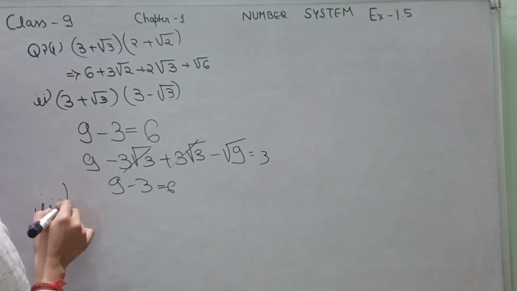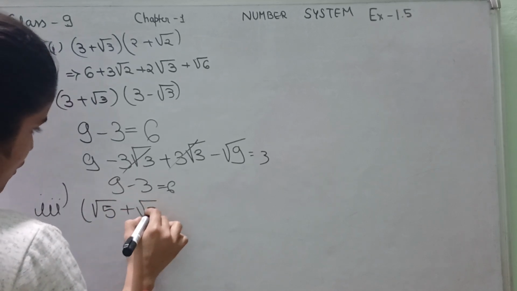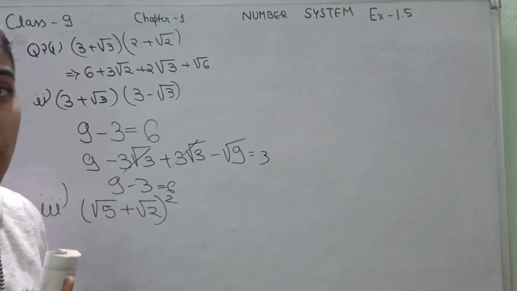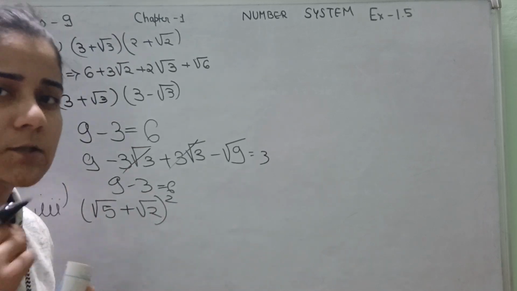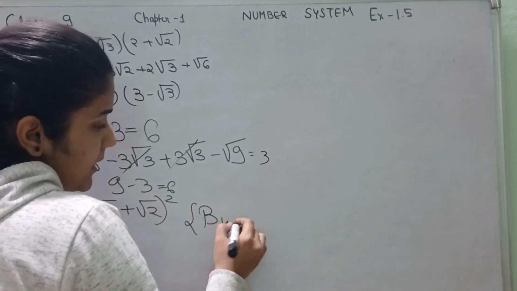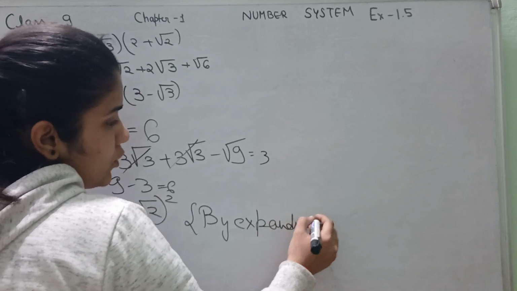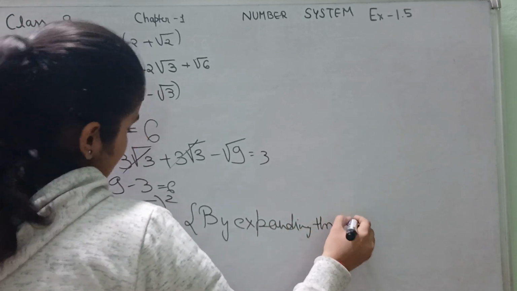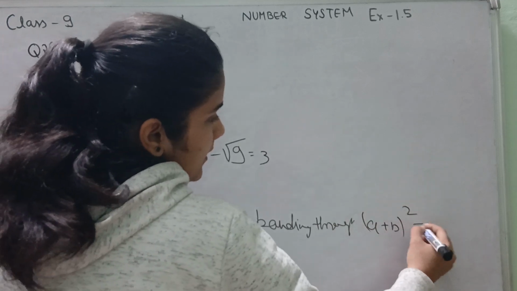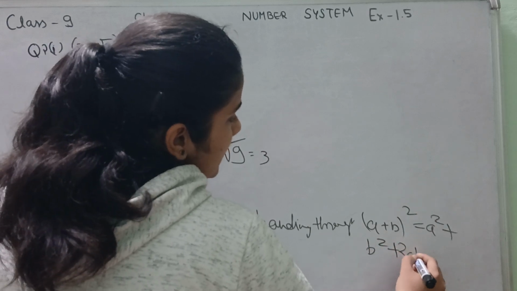Okay, question number 3. Root 5 plus root 2 whole square. I think आप सभी को याद है what is A plus B whole square. It's A square plus B square plus 2AB. Okay, so we can write it by expanding through A plus B whole square, we get A square plus B square plus 2AB, right?